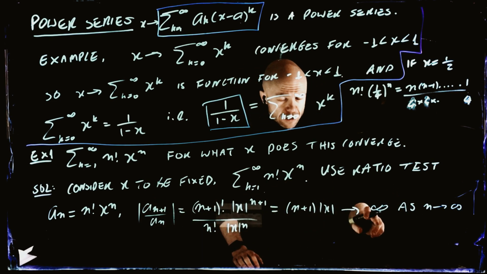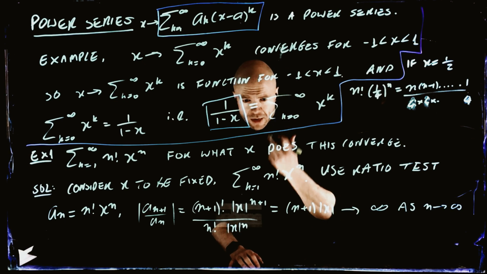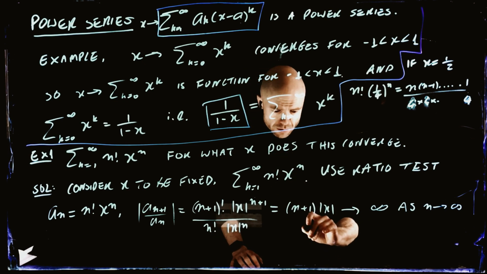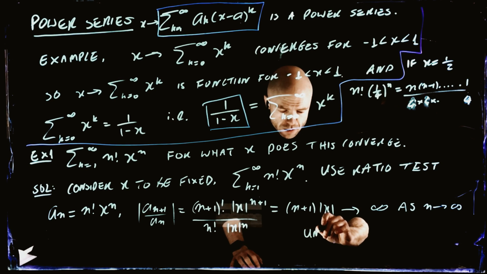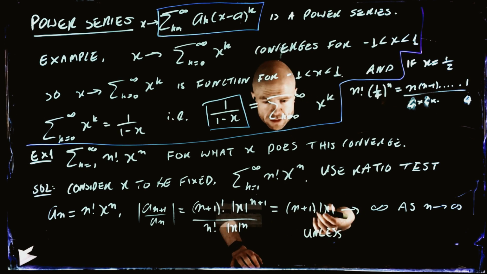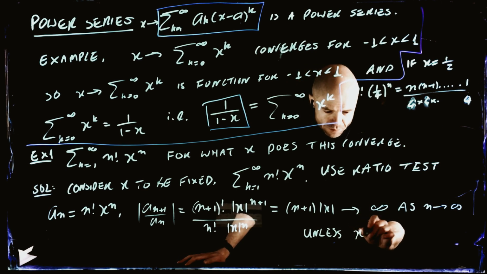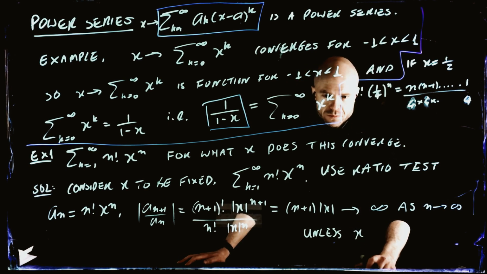And this thing actually goes to infinity except when x is equal to what? What can x be equal to so that this doesn't tend to infinity? Come on. No, I mean x is fixed, right?